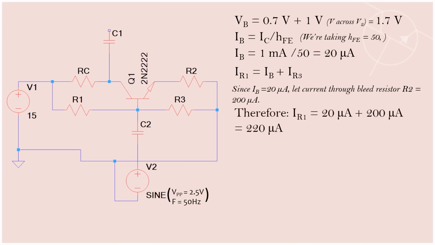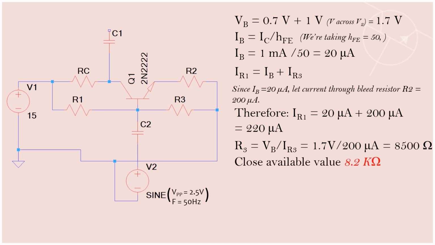And if that's the case, then we can have IR1 to be 220 microamps by summing IB and IR3. So we have our R3 to be VB divided by IR3, and 1.7 divided by 200 microamps will give us 8,500 ohms.